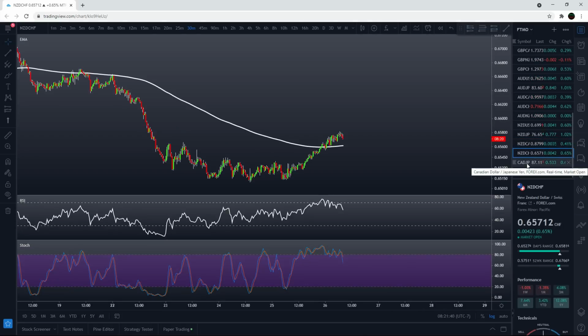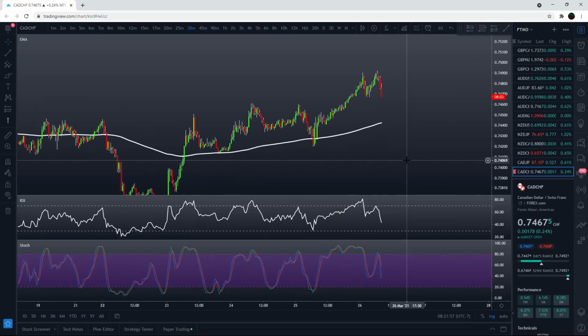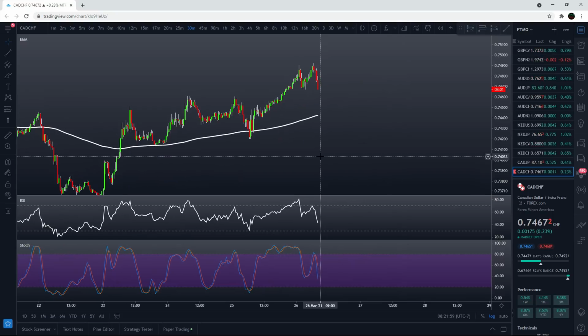You have to zoom out to maybe a 4-hour, 2-hour. Might get a setup if this comes all the way down here compared to this low. Same thing here. If this comes down compared to this low, we might get hidden div.